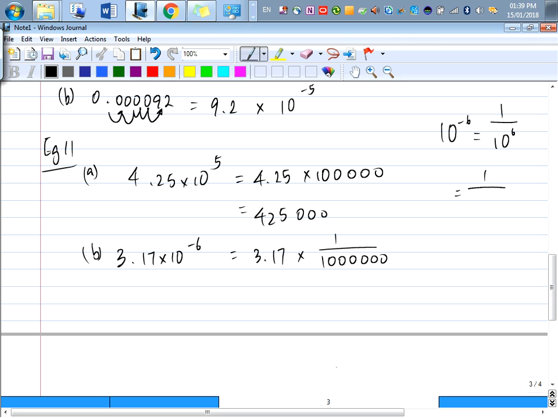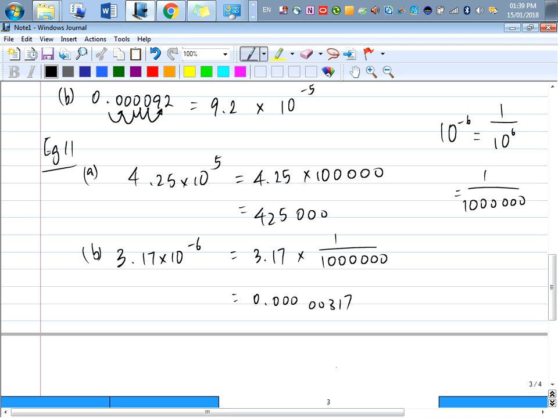So this is equal to 1 over 1 million. Okay? So as you evaluate this, you get 0.000000317. Can? Okay, I shall not insult your intelligence by asking you to do try it 11, because I'm sure everybody can do it.